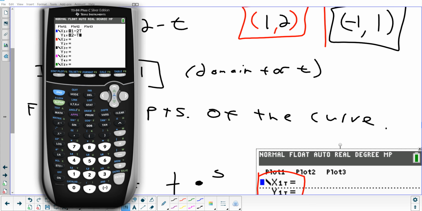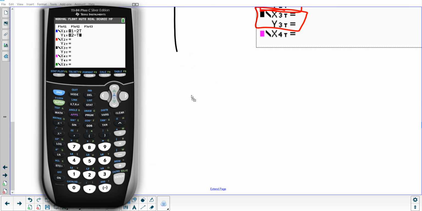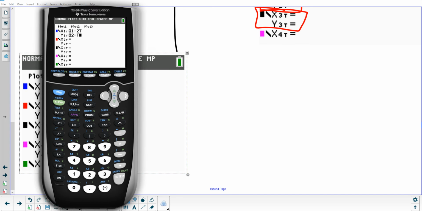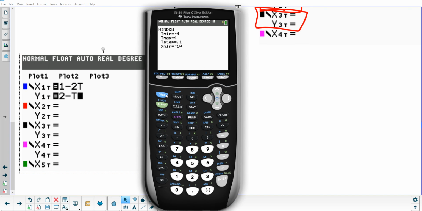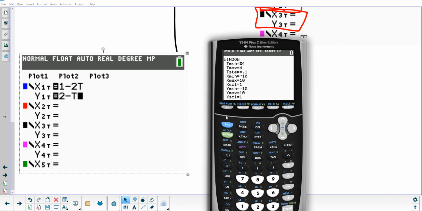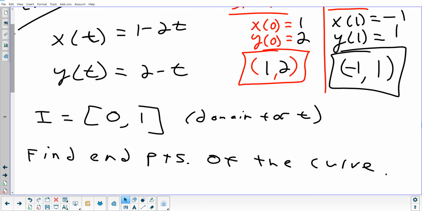We got our equations. Now we need to go to the window. What we need to do now is set our window. On the calculator, this value that controls the start is called the minimum value for t.